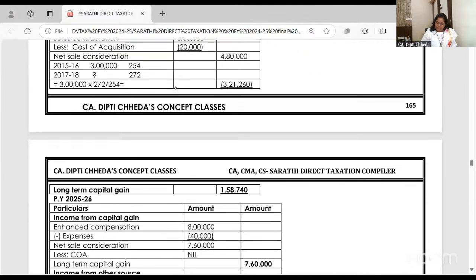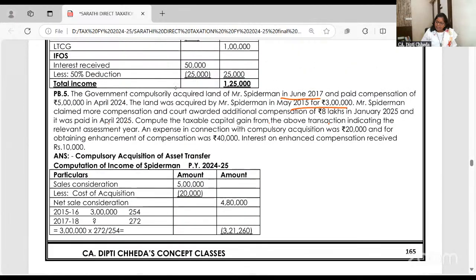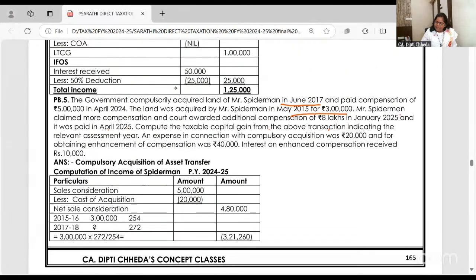Okay. It should be January 26, next year, 25-26. Otherwise both will come in the same year, no? Now you have received 5 lakh in 24-25, and in 25-26 you received 8 lakhs enhanced compensation, and it was paid in April 26. In each and every problem we change the dates and put the amendment, but sometimes it happens.